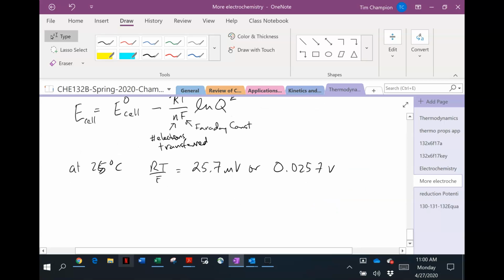So the shortcut version that I normally would use is that E is E naught minus 0.0257 volts over N times ln Q. That's with, really this I guess this is volts per moles of electrons, or volts times mole electrons I guess is what it would come out to be, because N is the mole of electrons, so that cancels out.